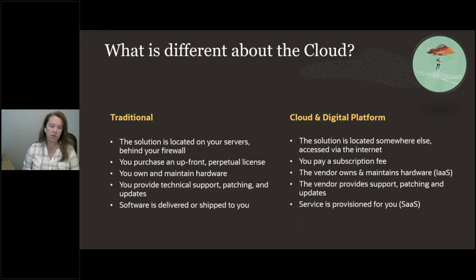There are certain characteristics we think of for traditional deployments of ERP, and there's also now the cloud or digital platform deployment of an ERP. Traditionally, the solution is located on your own servers behind your firewall in your own data center. From a cloud standpoint, the solution is located somewhere else and is accessed via the internet.